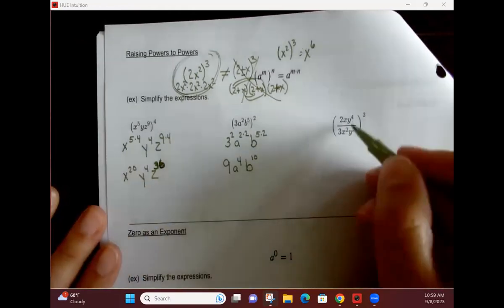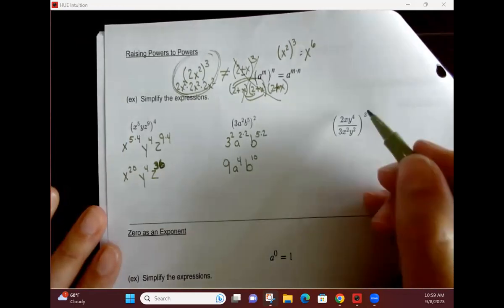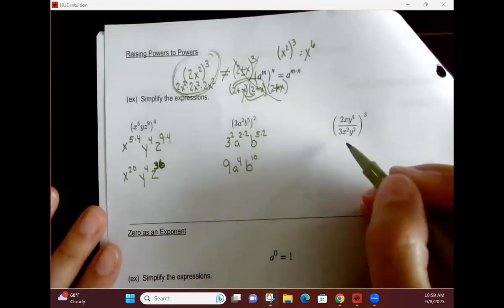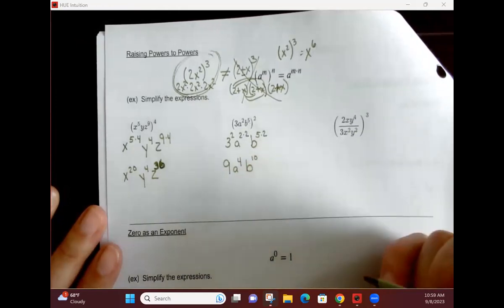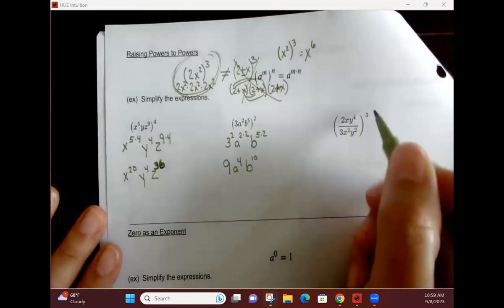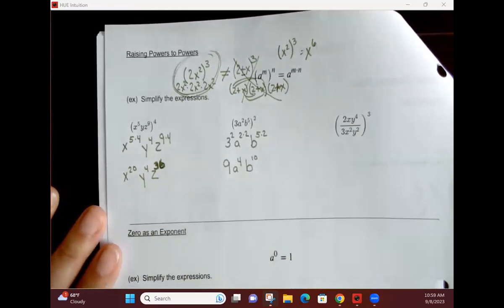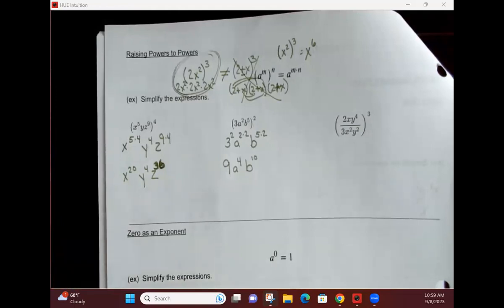If I've got division here, I distribute that power to everything, just like we do with multiplication. So it'll go to everything on the top and everything on the bottom. Since that whole problem is all cubed, that exponent applies to everything. For a lot of the problems that we'll see where we're using multiple exponent rules in the same problem, there's not only one correct step for most of what we're looking at.